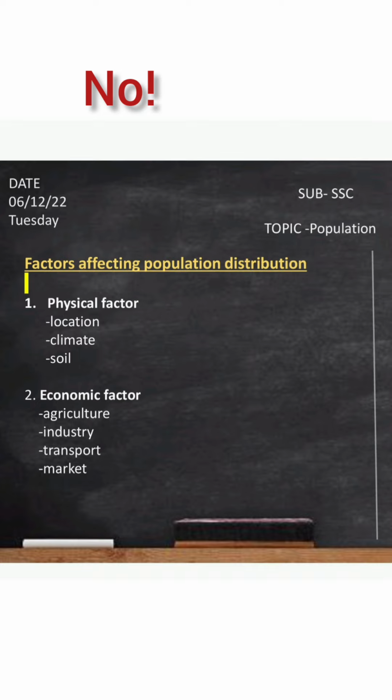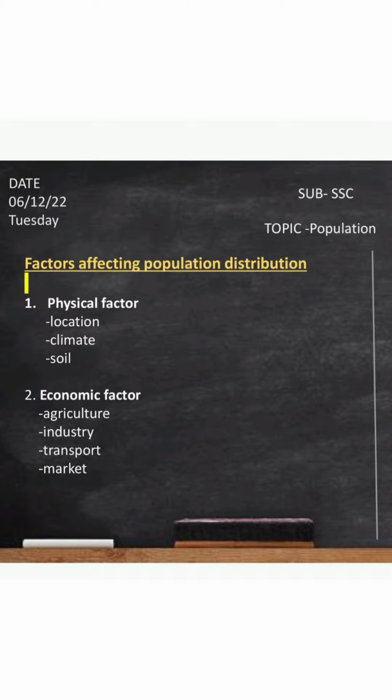The next factor is the economic factor. Now, can anyone tell me what is the economic factor that affects distribution of population? Okay, are you going to prefer a place where there is no agriculture, no industrial occupation, no job opportunities? No, right? You will choose a place where you can have all the economic factors around you.